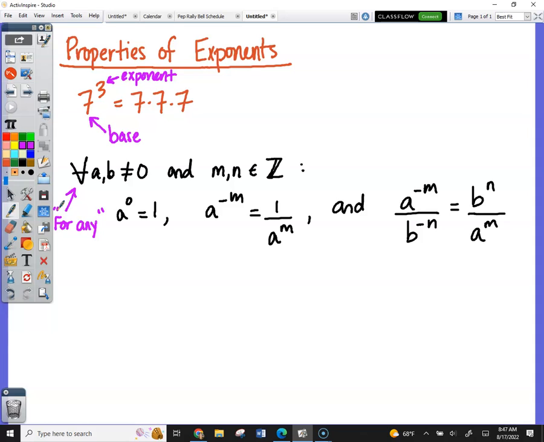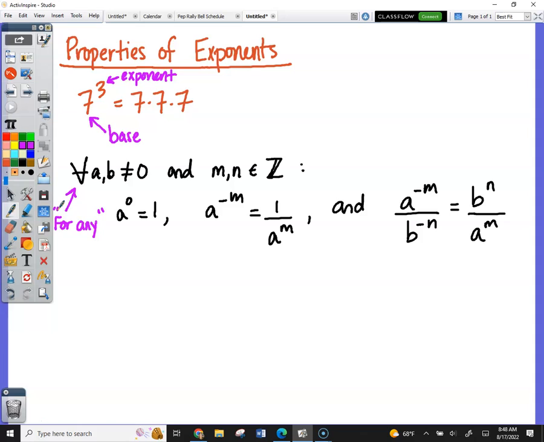Like for any number that you plug into A and B, as long as it's not what? This is how you read it. As long as it's not 0, can't be 0. So, for any number you pick to plug into A and B in the following formulas, as long as you don't pick 0, and then for any, what type of number?